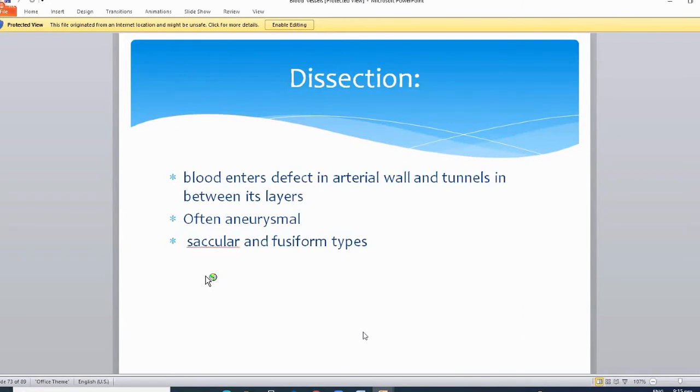Classification can also be based on shape, either saccular or fusiform. In saccular, only one portion is distended while the other portion is longitudinal, while in fusiform shape both sides are distended similarly.